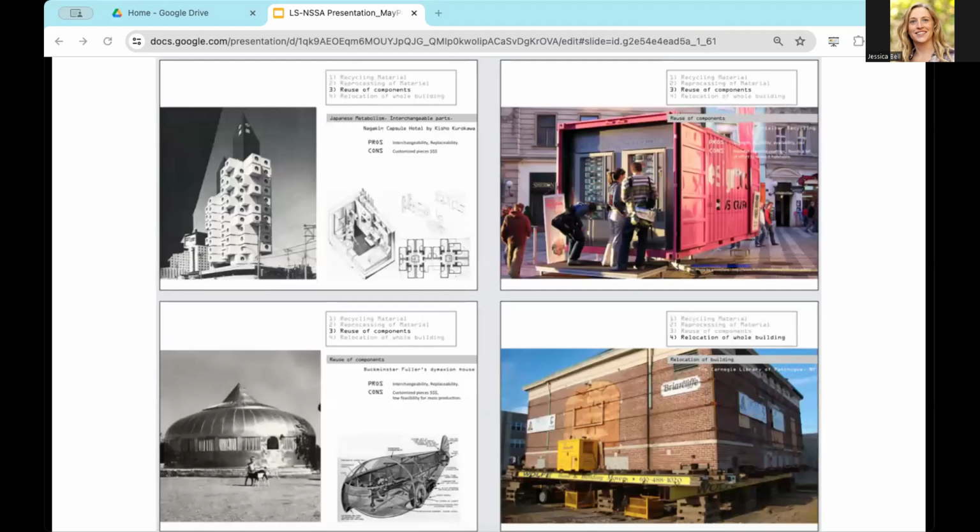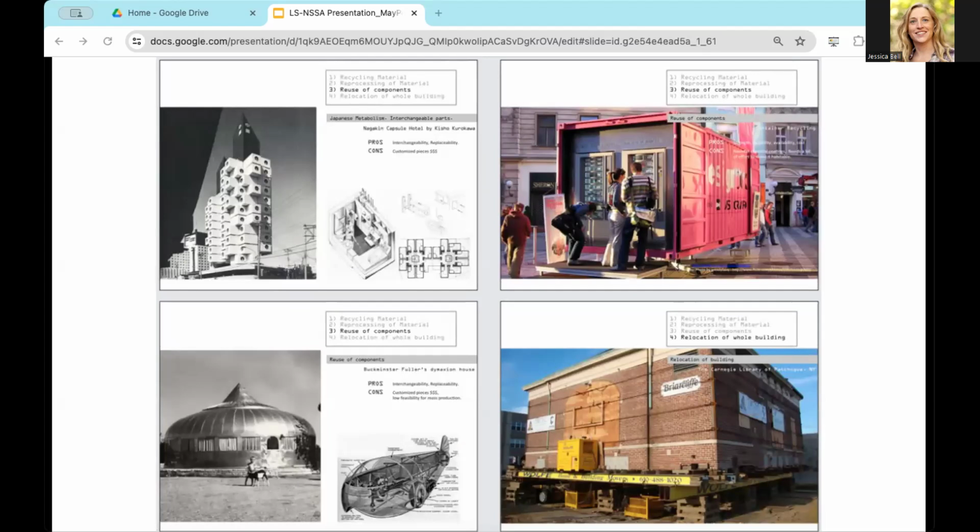The industry has looked closely, particularly in ways in which material can be recycled, reused, and reprocessed so that we can extend its service life.